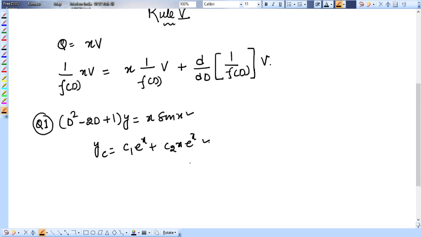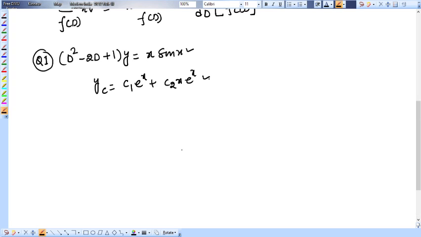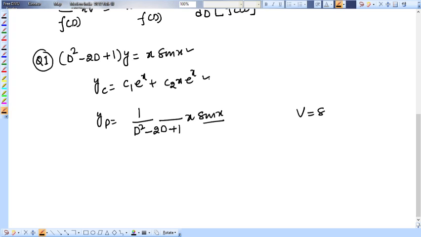Now let us find the particular integral. So yp would be equal to 1 over D square minus 2D plus 1 of x sin x. So see here, V is equal to sin x, right?